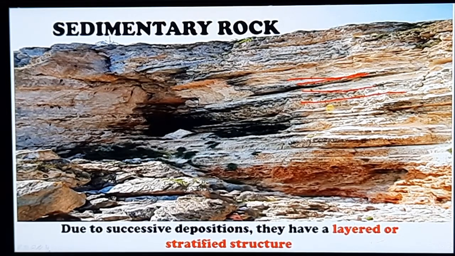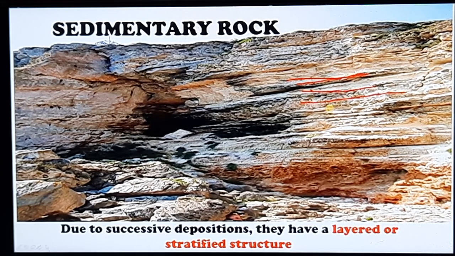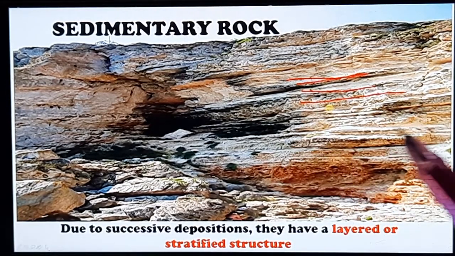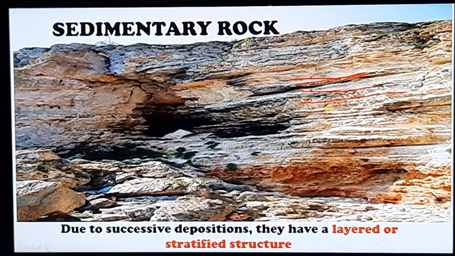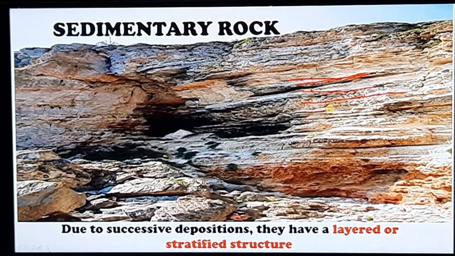Just look at the diagram also. Due to successive deposition, sedimentary rocks have a layered or stratified structure. Layer upon layer. They also contain fossils of plants, animals and other microorganisms that lived in them.